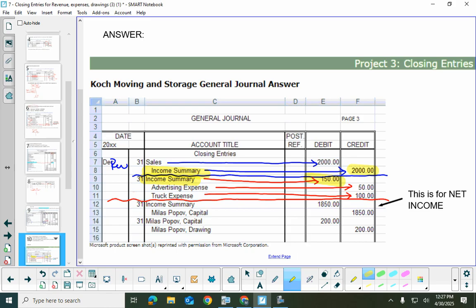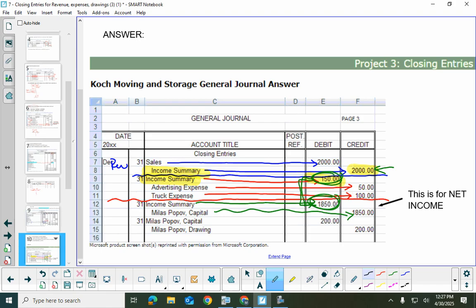Does that make sense? So I'm going to credit income summary 1,850. So now this is 2,000 and that is 2,000. So they've got it out to 0. Okay? So since I have credited income summary, I am going to debit capital.